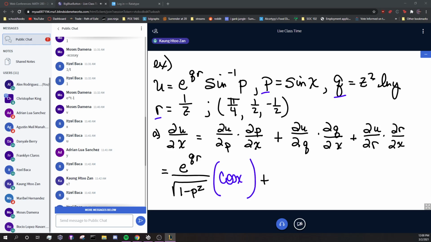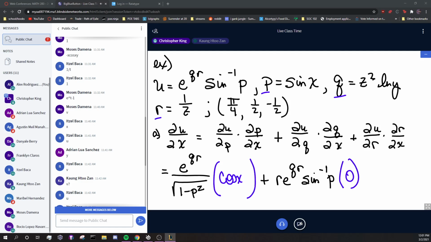It's going to be r times e to the power qr times the sine inverse of p. Now we're going to multiply that by the partial of q in respect to x. It's going to be 0. Yep.